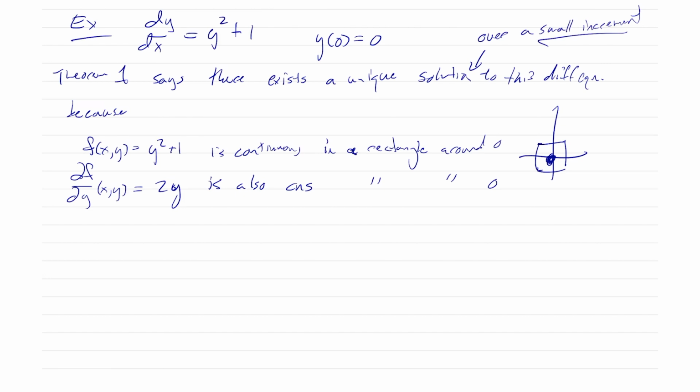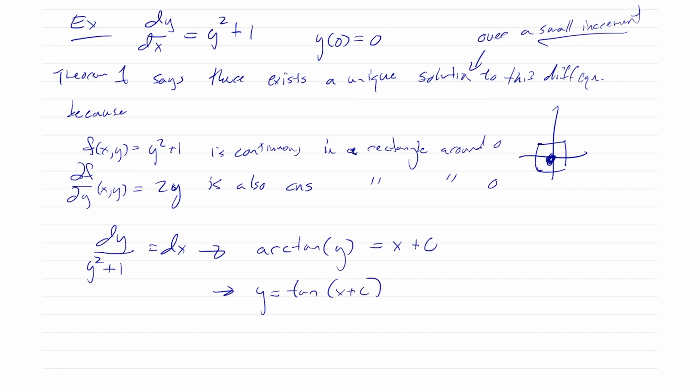And so let's look at what the solution to this differential equation is. It's actually not too hard to figure out. If we use, again, separation of variables, we see that dy over y squared plus 1 is equal to dx. Integrating both sides, I get arctan of y on the left equal to x plus c, and then y is equal to tangent of x plus c.